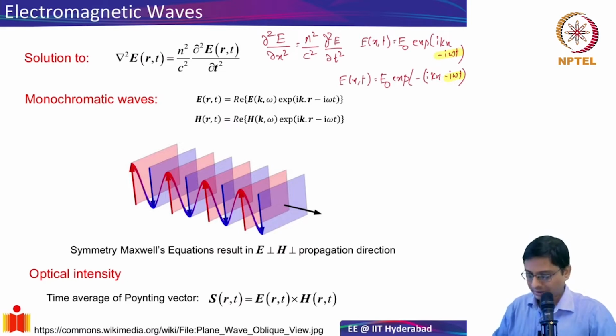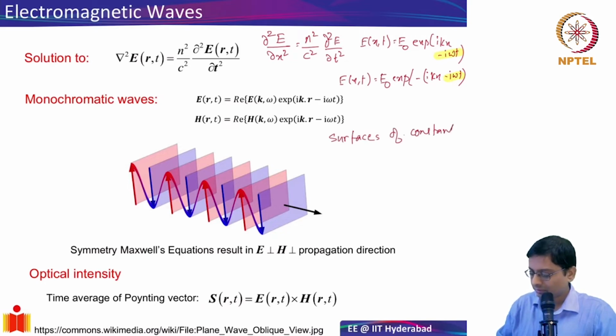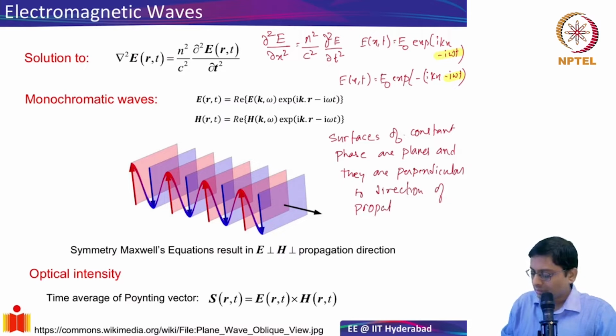So surfaces of constant phase are planes, and they are perpendicular to the direction of propagation. Because of that, we call this particular wave a plane wave.